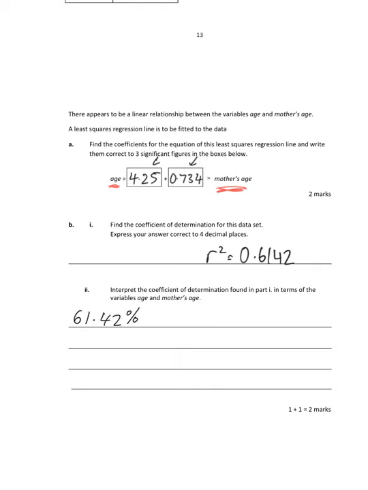So 61.42% of the variation in the RV, which is age, can be explained. Age, I should just write age leaving school. I might go back.